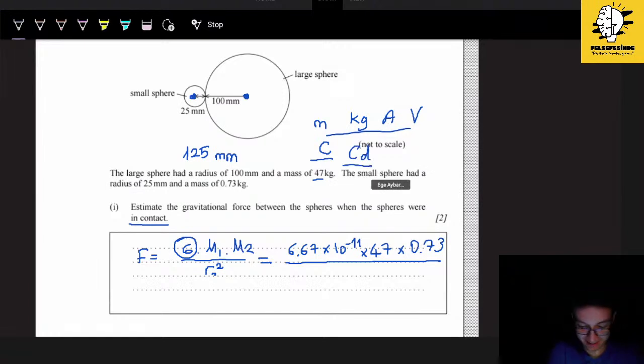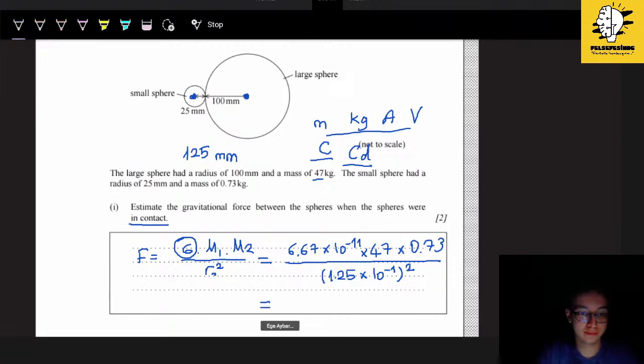If we write this in terms of meters, we will find that it is 1.25 times 10 to the power minus 1, squared. Do not forget the square, please.